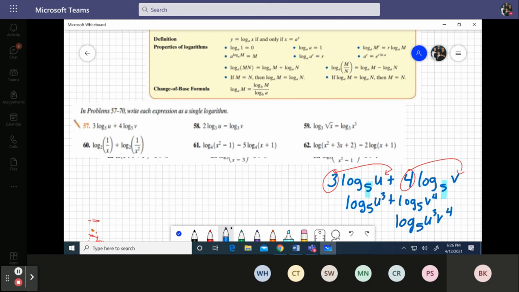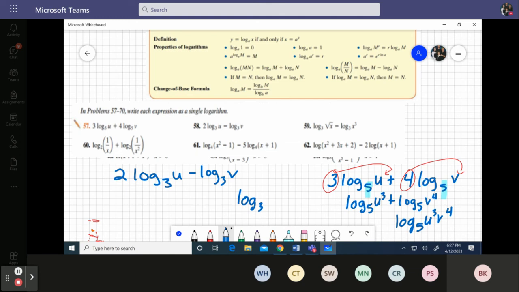See what you can do with 58. How would you write 58? I want to write log 3 one time. I want to write it more than once.